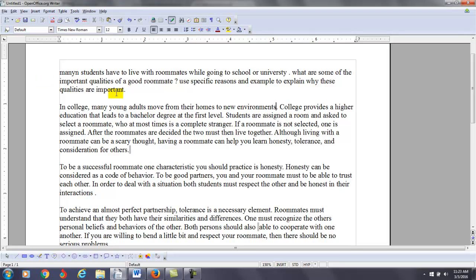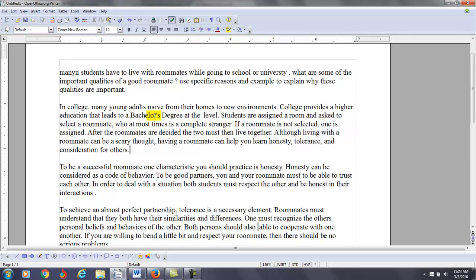So in this case, we have adults, plural, move, plural, their, plural, homes, plural, environments, plural. College provides a higher education that leads to a bachelor's degree.